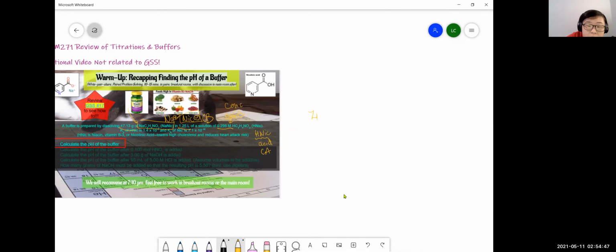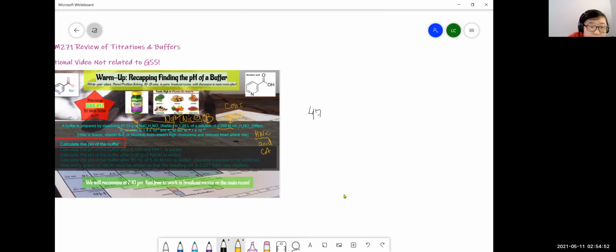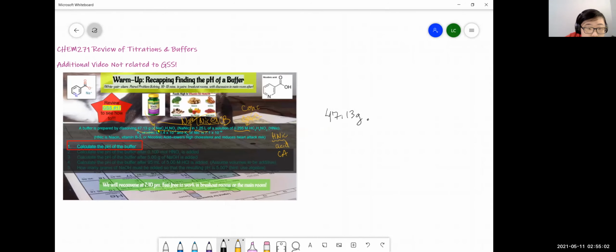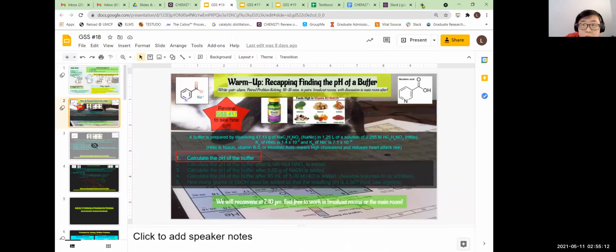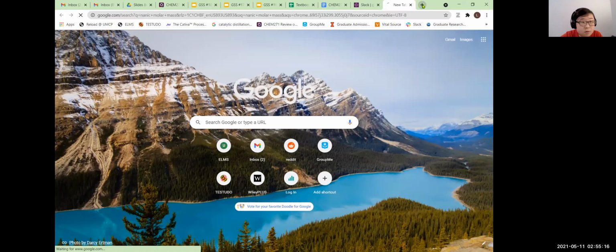So we have 47.13 grams, and we need to convert it to moles to get moles per liter. They're not giving the niacin molar mass, but you can Google it. So I guess we can just Google what NaNiC's molar mass is.